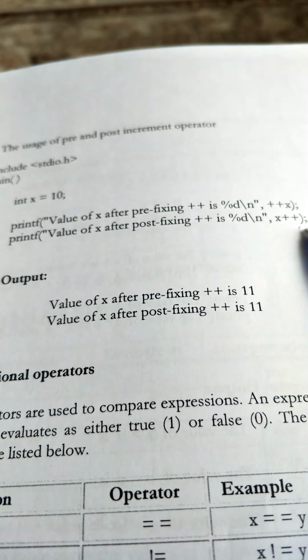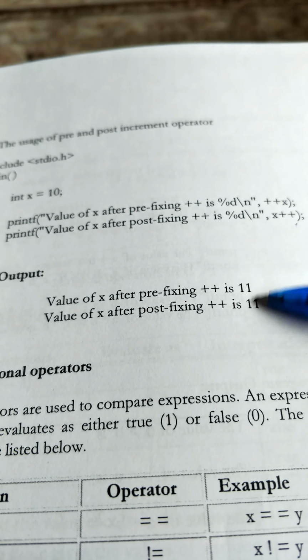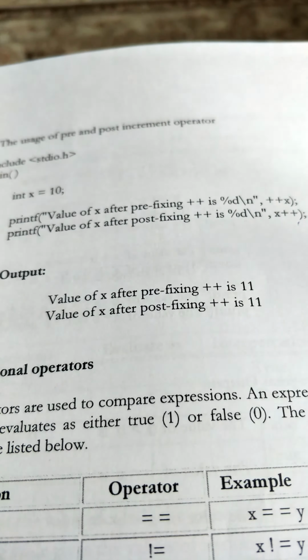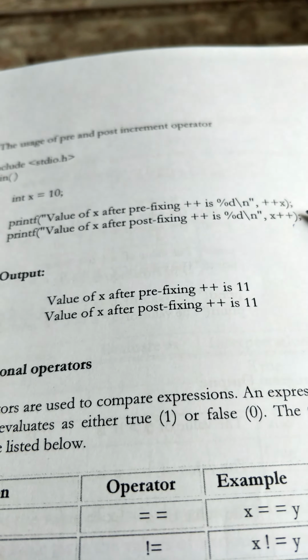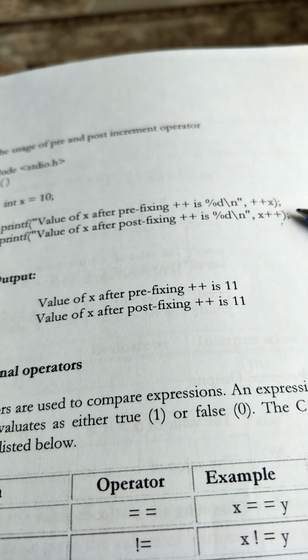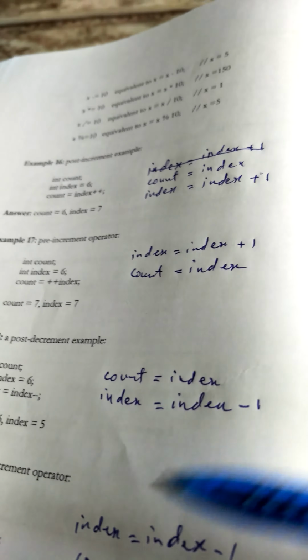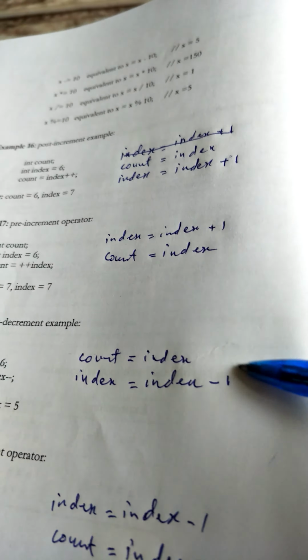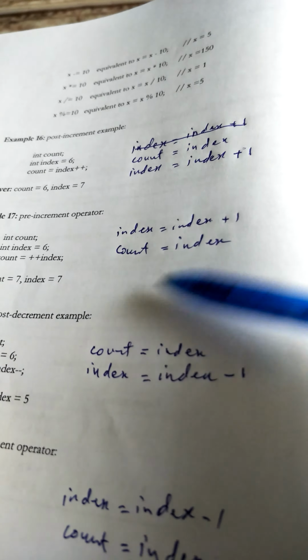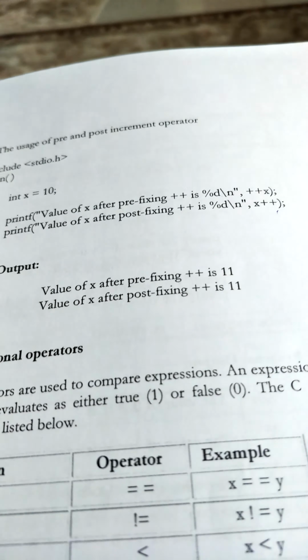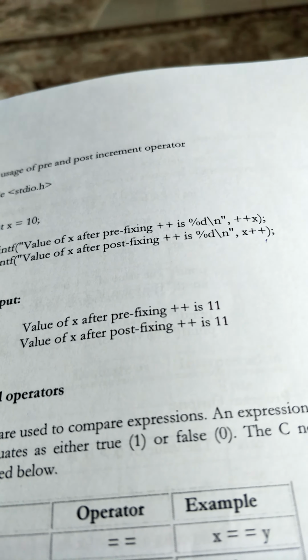If you write like this, the value of x is just the same, because it's increased and then printed. The difference with the previous one is that we have a process here, count equal to index. But in this case, we just increase the value, so it gives no difference.